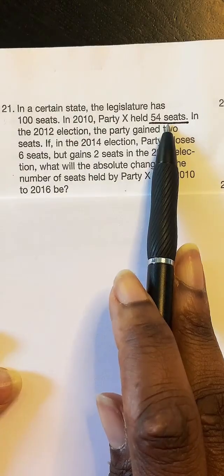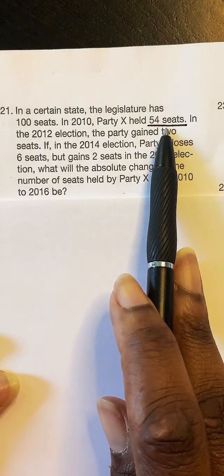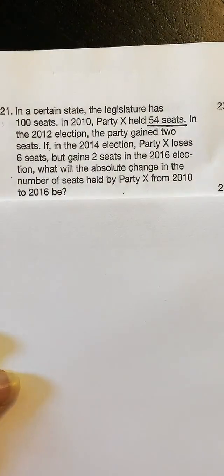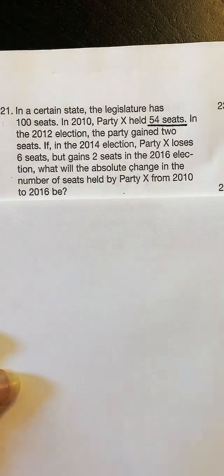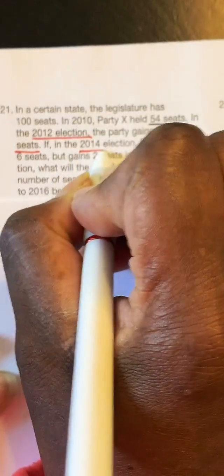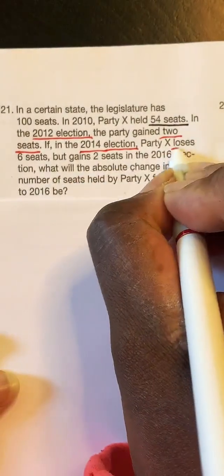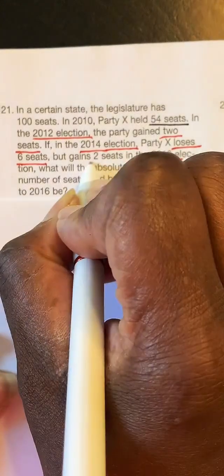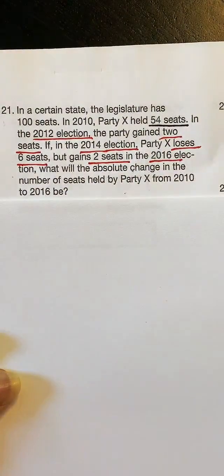We are starting off with the 54 seats, and then we're going to do the whole process. Okay, so in 2012, we gained 2 seats. In 2014, we lost 6 seats, but in 2016, we got 2 seats.